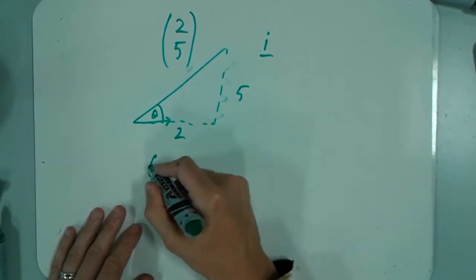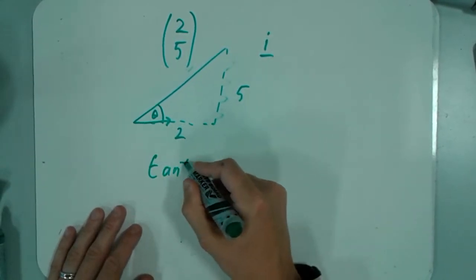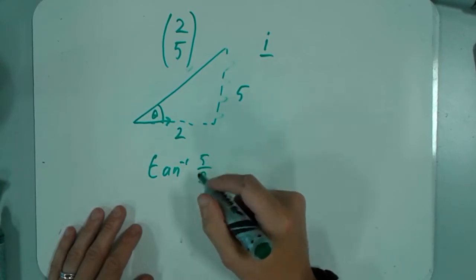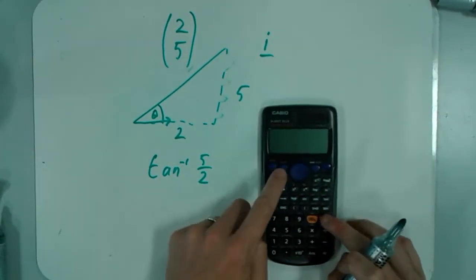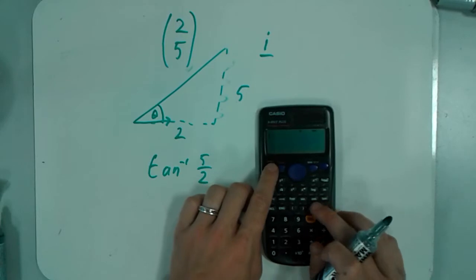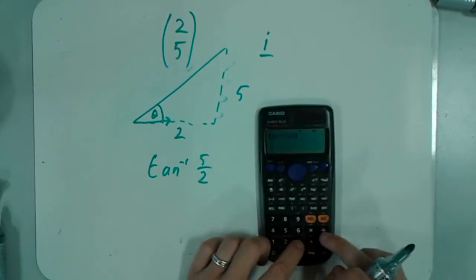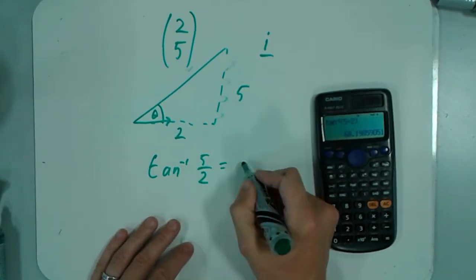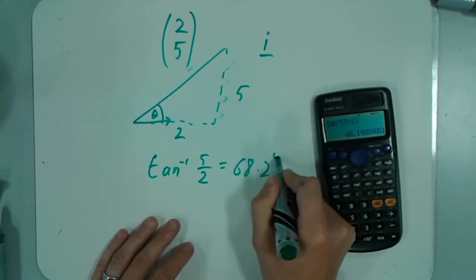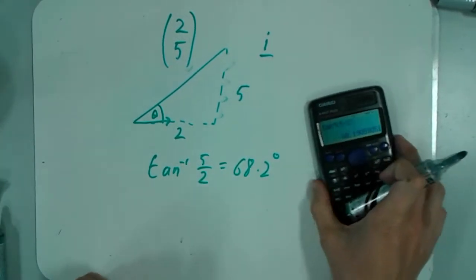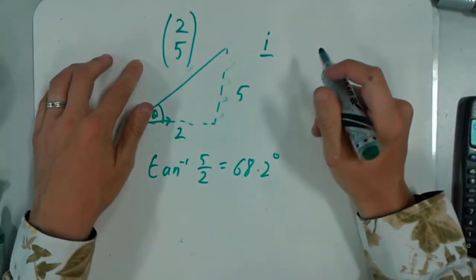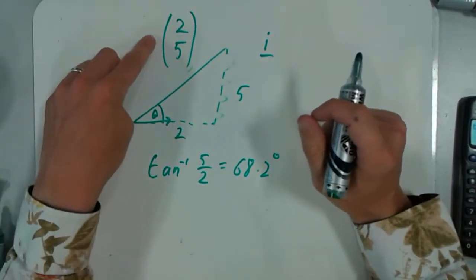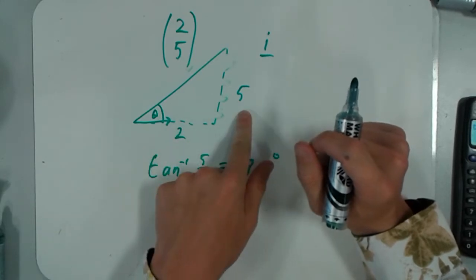Opposite and adjacent, I would need tan inverse of 5 over 2, inverse tan, 5 divided by 2, 68.2 degrees.